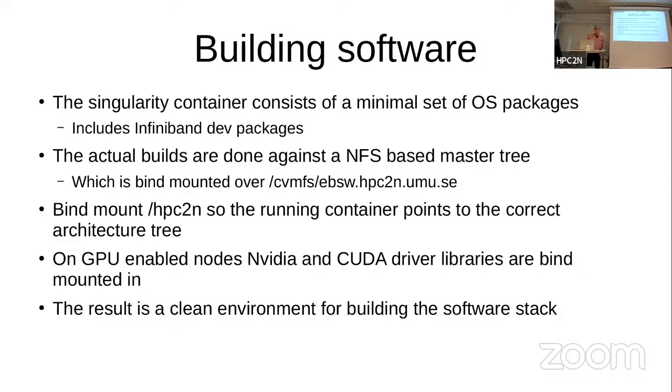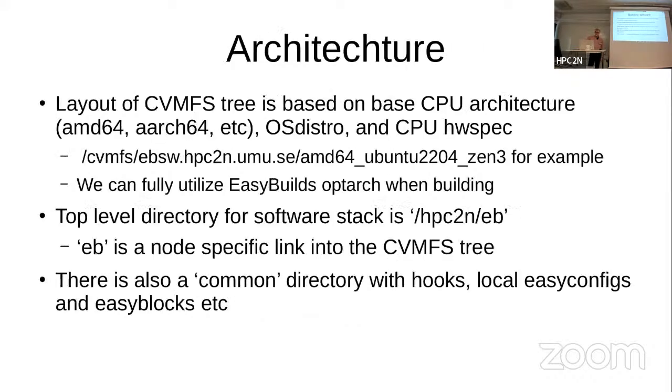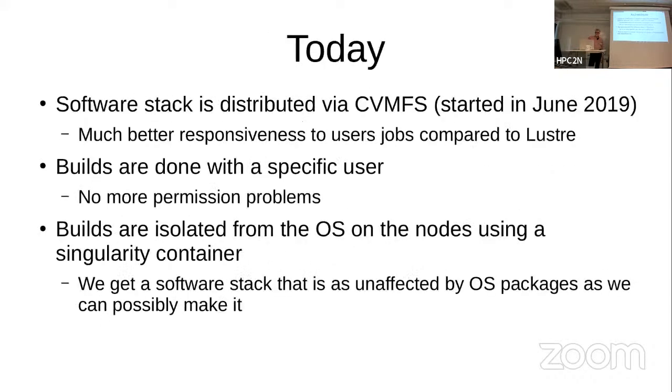Maybe a stupid question: you have multiple architectures and use the jobs. How do you make sure that all the nodes are targeted correctly, or is it by SKU? That's what the wrapper does.